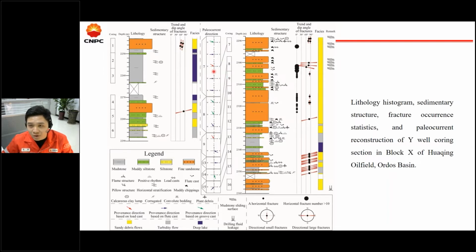The red arrows are the paleocurrent directions reconstructed by the load cast and the large-scale flute cast. They are developed in the mudstone interbedded with massive sandstone, indicating that we have a great probability to find more massive sandstone in the northwest direction of the study area.